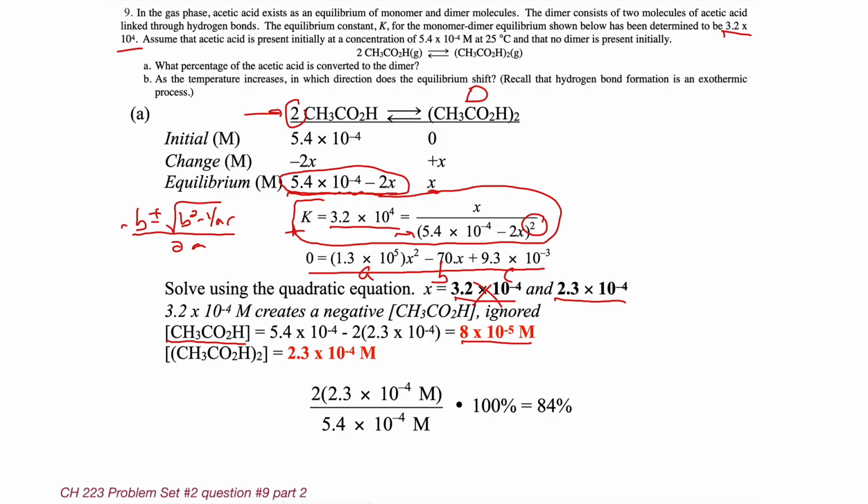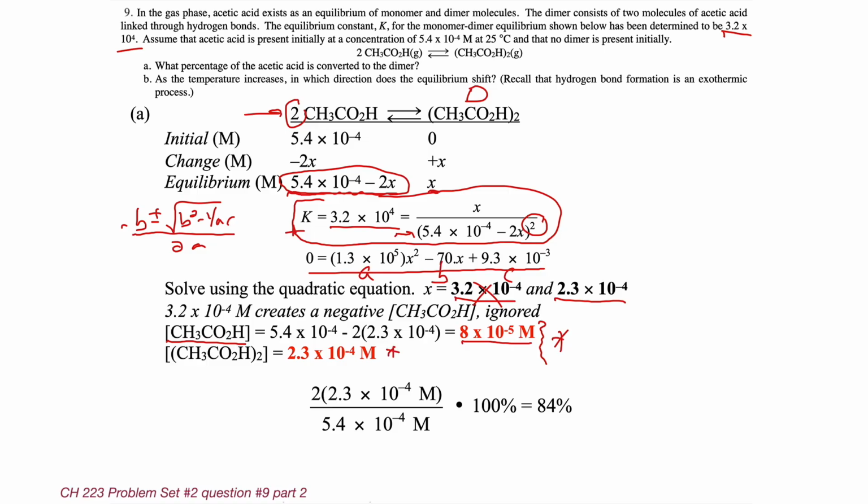And notice here how the dimer is a bigger 10 to the minus 4 number than the monomer, 10 to the minus 5, and that's good because K was larger than 1, so we should have more products relative to reactants. If you can get to these two numbers right here, I'm very, very pleased.